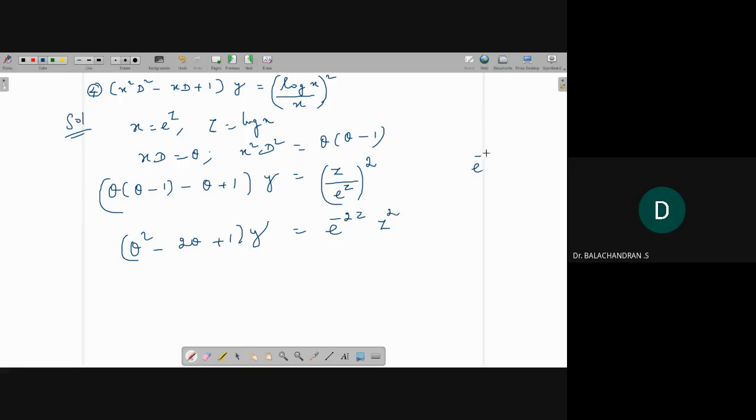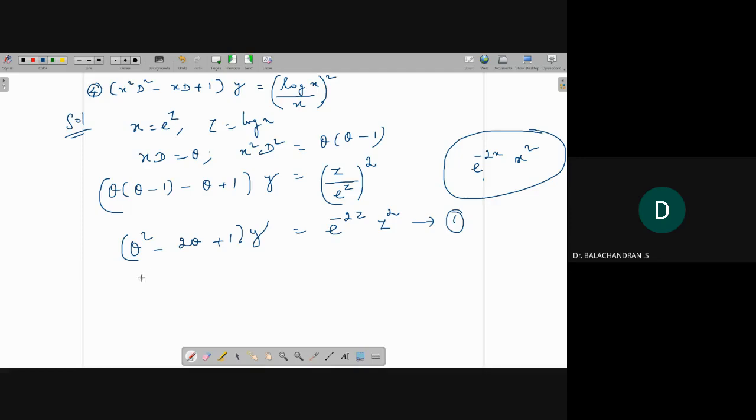So this is exponential, this is algebraic, so it is type 4. This is equation 1.